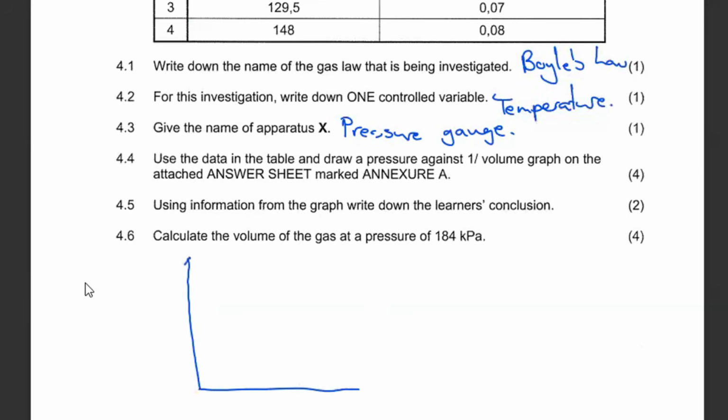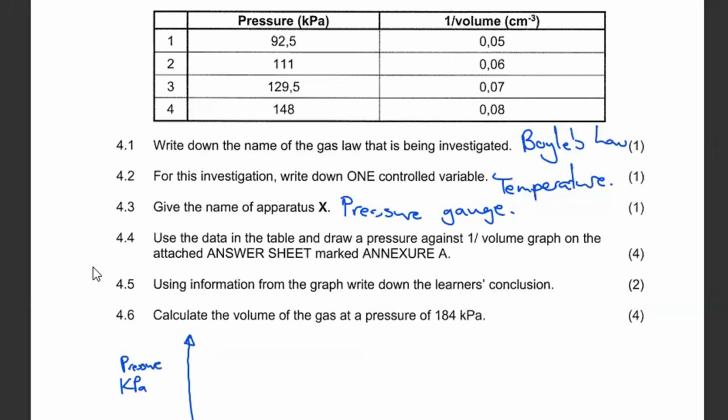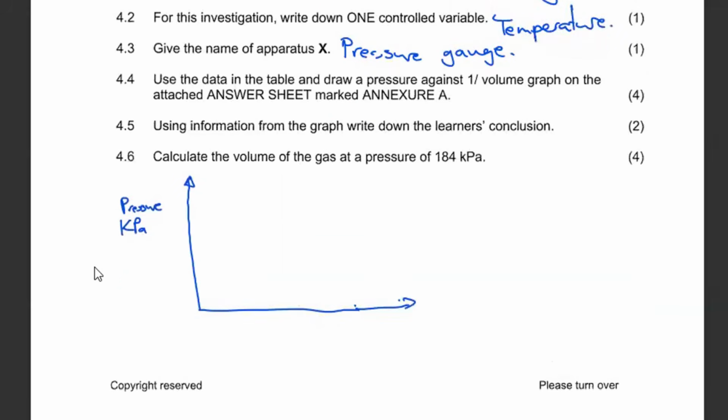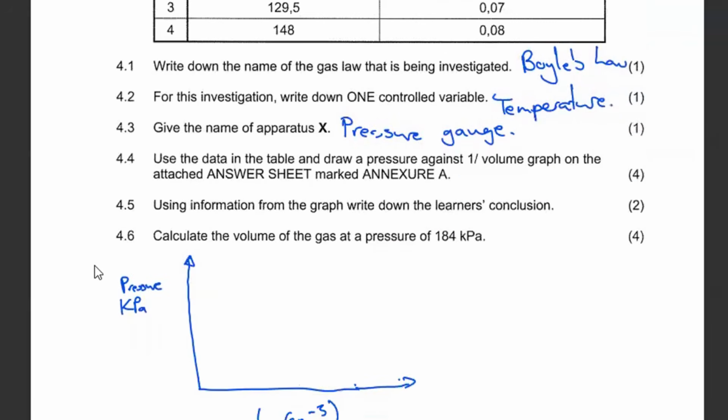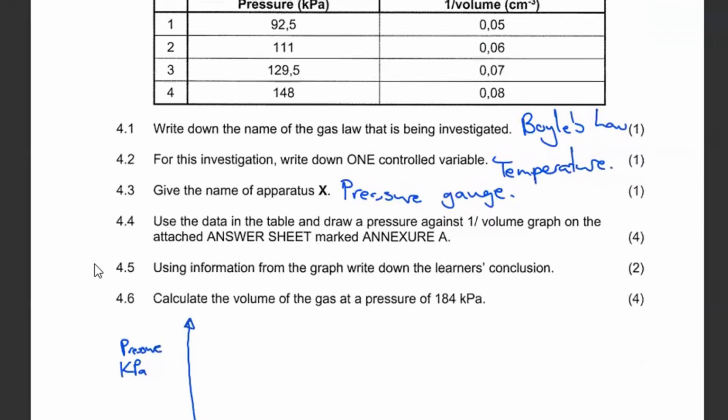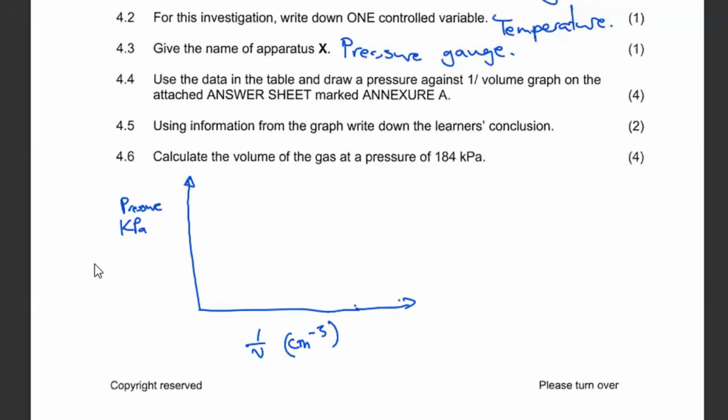Here we're going to have our pressure in kilopascals. Then at the bottom, we're going to have the inverse, the one given at the top, 1 over V, and then the units of measurement. So the pressure is on the y-axis, and the inverse of the volume is on the x-axis, right?